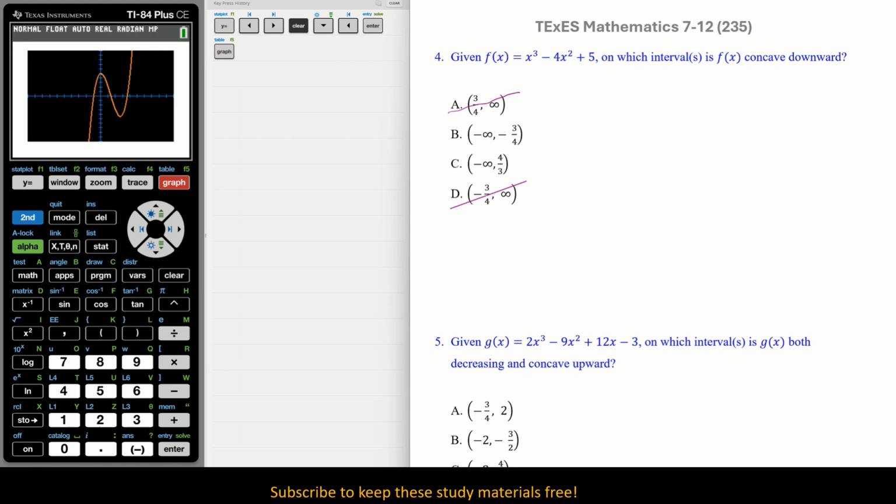So now we have two other options, and they're reciprocals of each other. So somewhere over here in that positive region, I can see on my own right now from our graph.